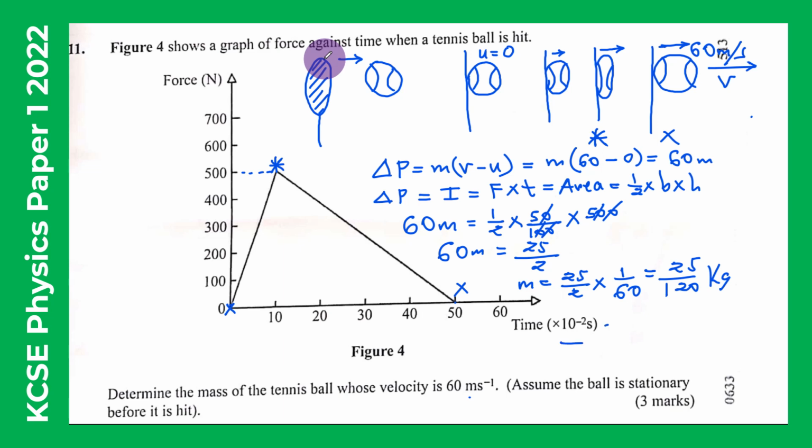And this, of course, gives us, let me just work out, 25 divided by 120, 0.21 kilograms. That's like 210 grams. That is my view of the way we were supposed to work out that question.